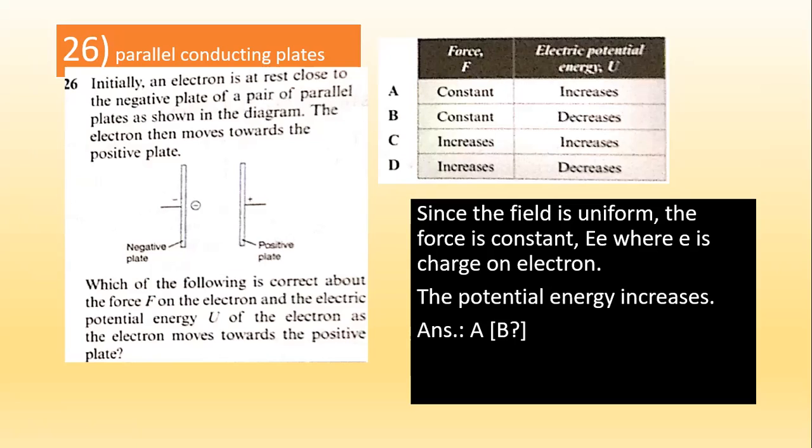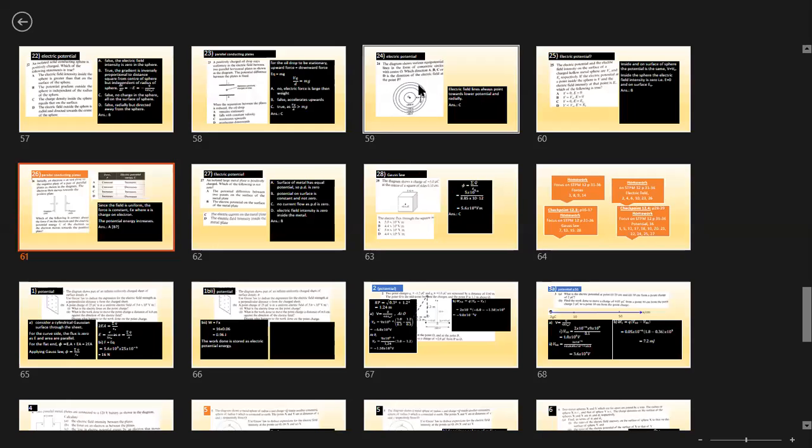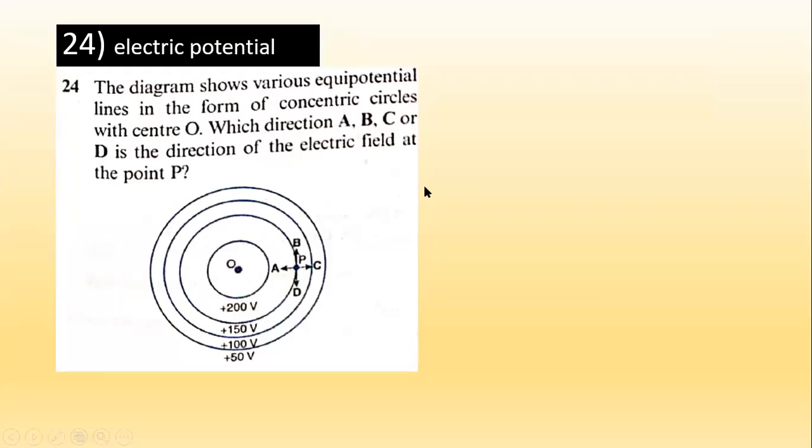Number 24 is C, right? 24 is electric potential surface. The diagram shows the various equal potential lines in the form of concentric circles with center O. Which direction of A, B, C, or D is the direction of electric force?